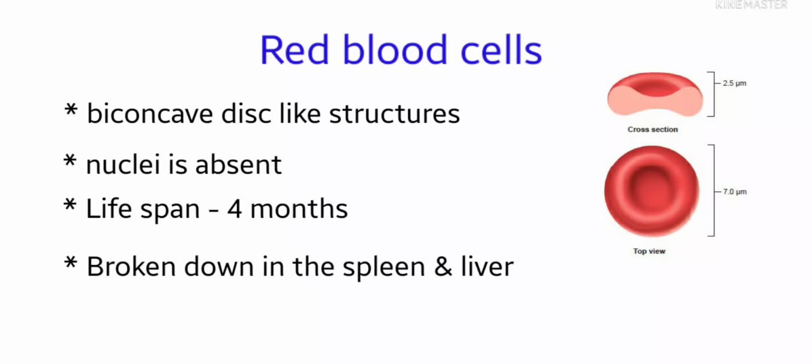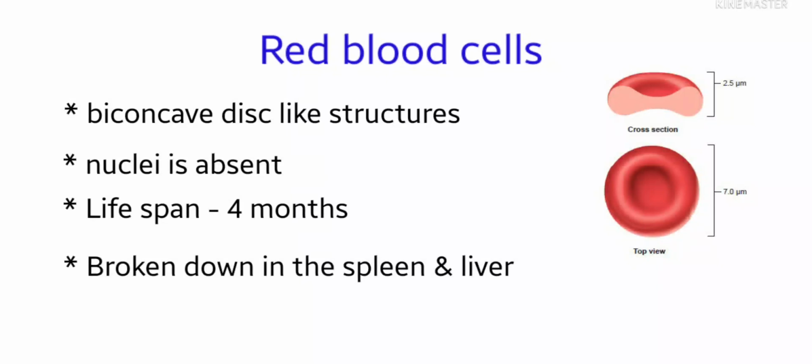The absence of a nucleus provides a large surface area to absorb more oxygen. Some of their component chemicals, like iron, are reused to make new red cells.